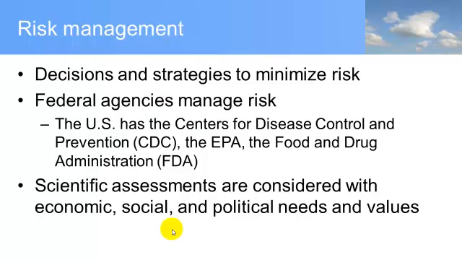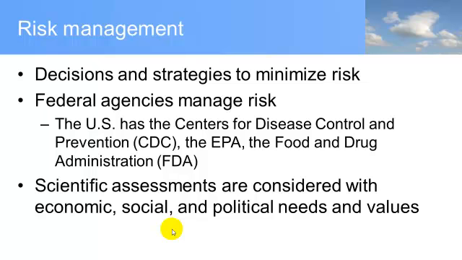Risk management then is the making of policy decisions and strategies to minimize and manage your risk. There are a number of federal agencies that are tasked with managing risk. The Centers for Disease Control and Prevention helps manage a lot of the risk with infectious diseases. The EPA manages risks associated with many hazardous chemicals in the environment.